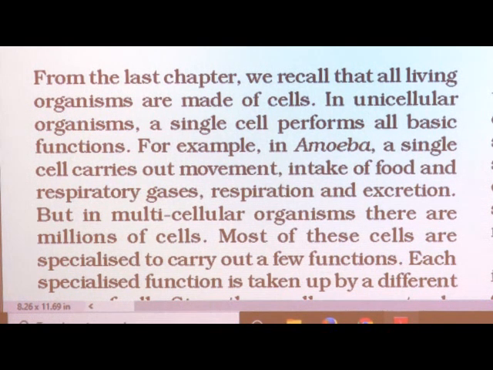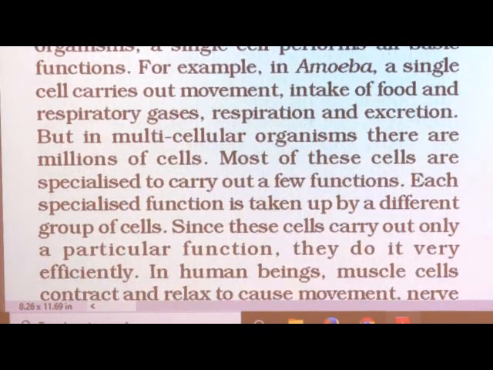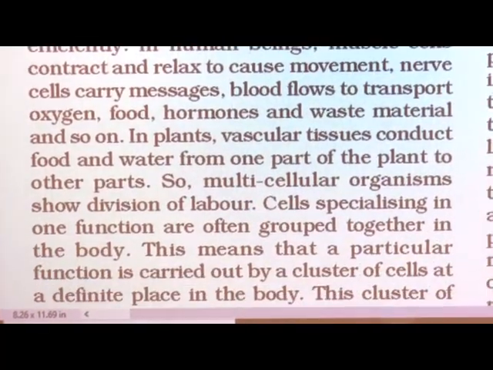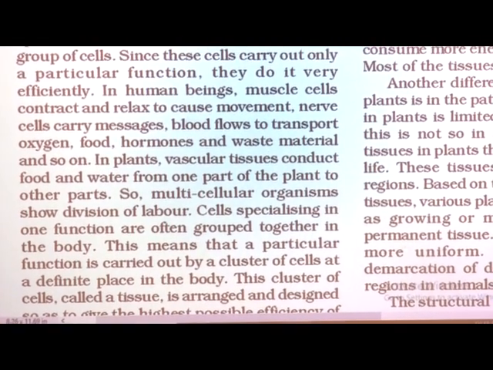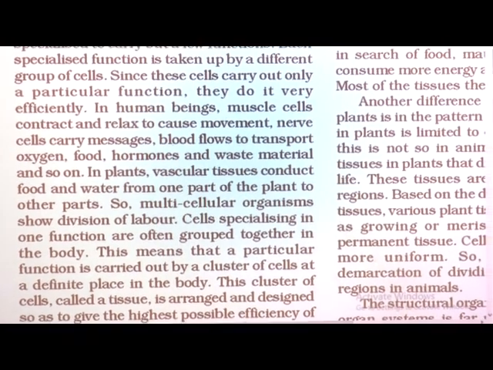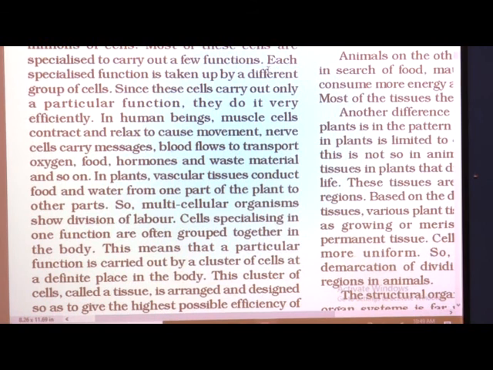In unicellular organisms there is only one cell, that is why all the functions are carried out by that single cell. But in multicellular organisms there are specialized cells to carry out few functions.